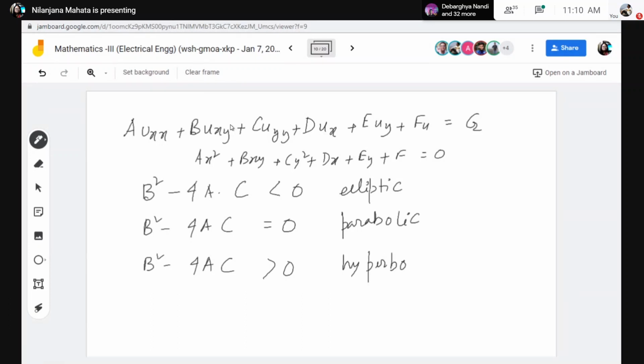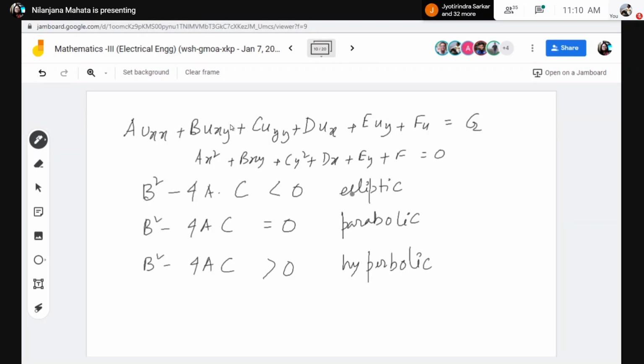It is basically only a classification, and since we will do our heat equation, wave equation, it is valid only for second order. We cannot tell if the order is higher. And suppose you know the coefficients, and then you can classify as this.